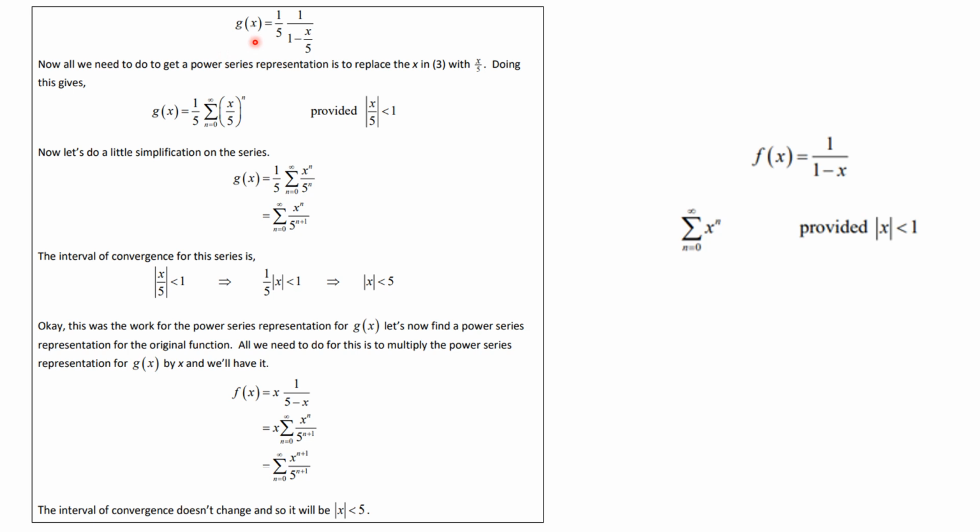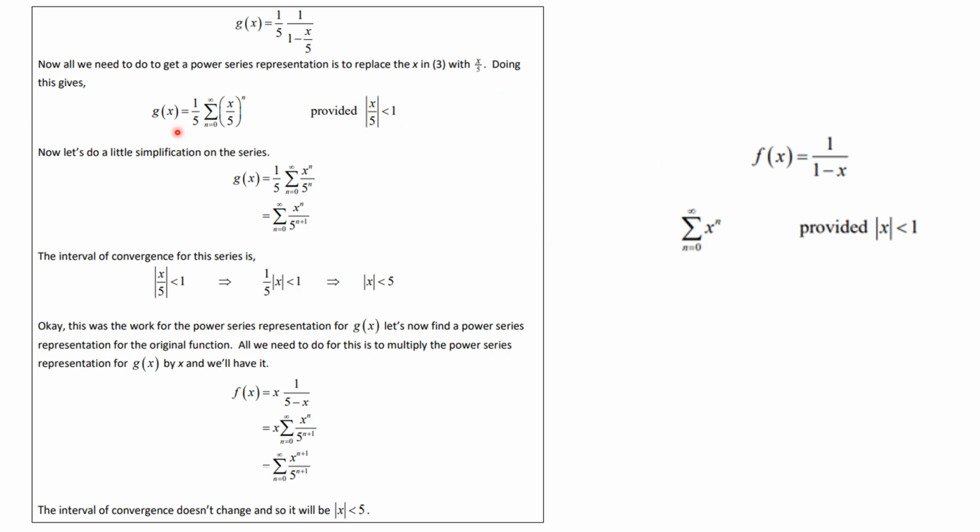Well, what we notice is that if we factor a 5 out of the denominator, we have 1 over 5 times 1 over 1 minus x over 5. Now all we need to do is get a power series representation by replacing x in the geometric series equation that we have over here with x over 5.